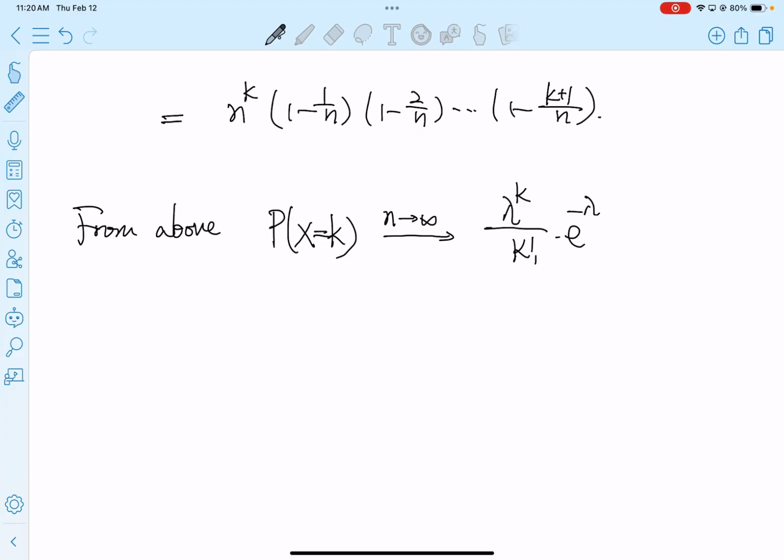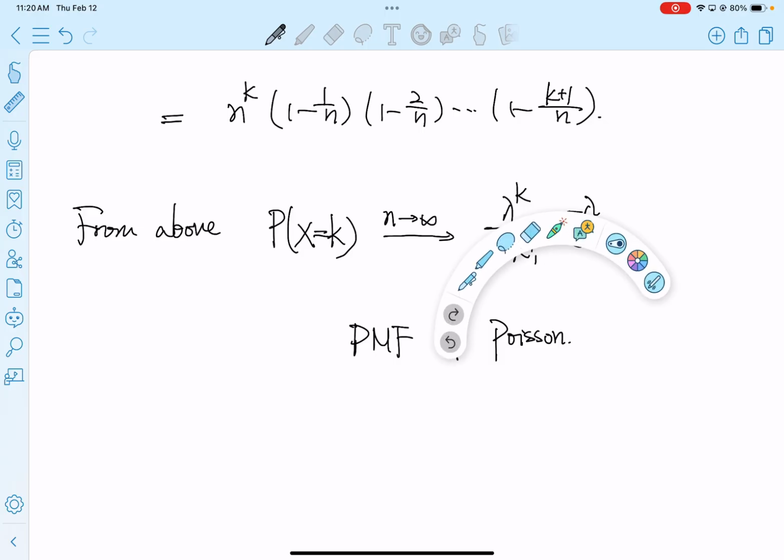And that is exactly the probability mass function of a Poisson distribution. So the idea here, from the history, is that when you want to calculate the probability using a binomial random variable, when you have n very large and p very small, back then when there was no calculator, you could not do it.